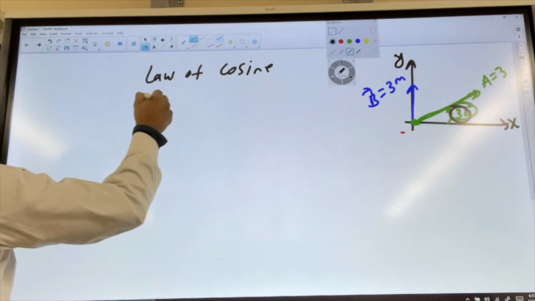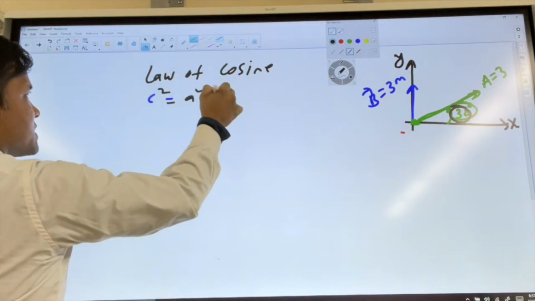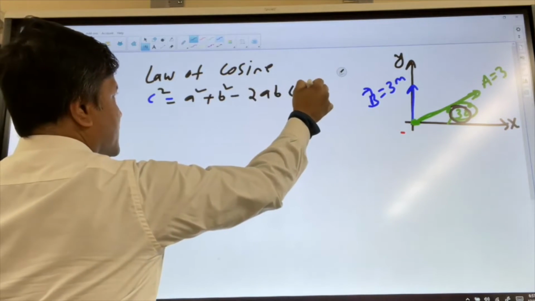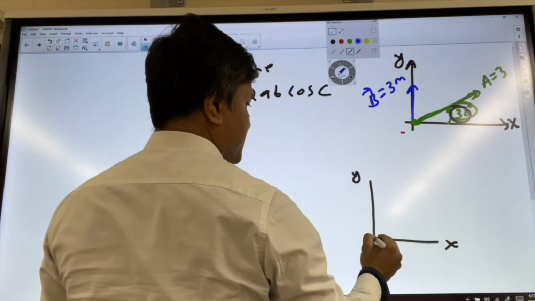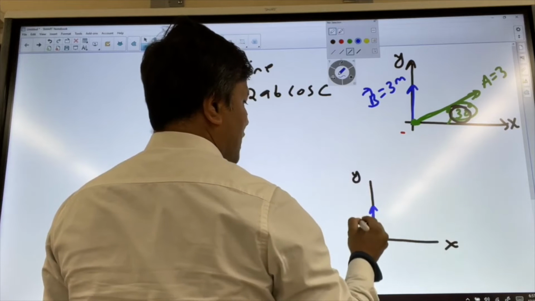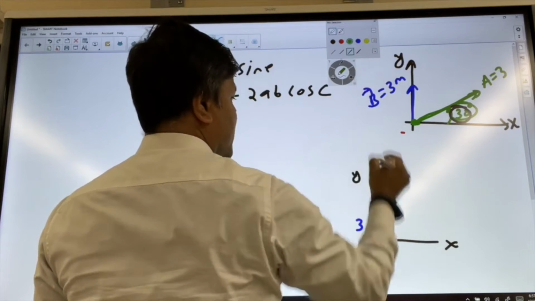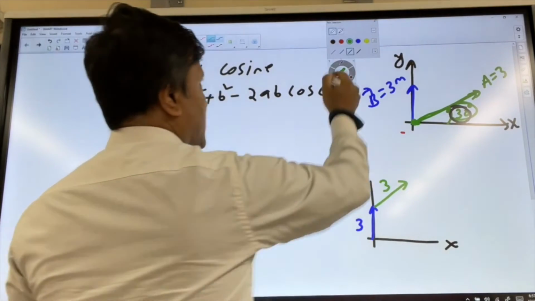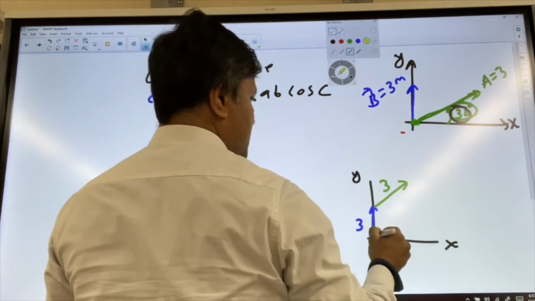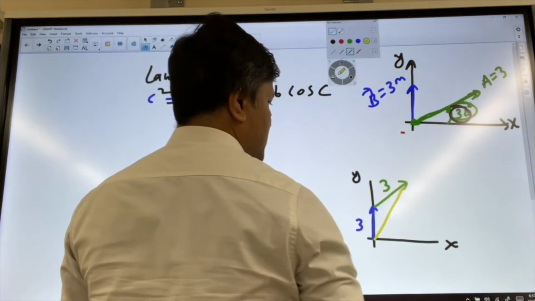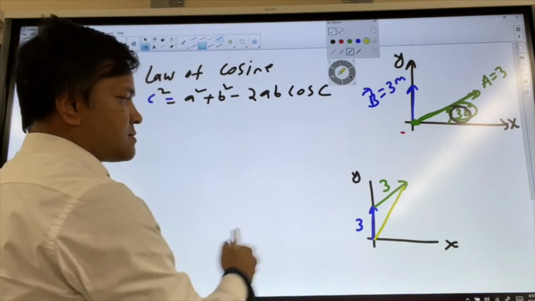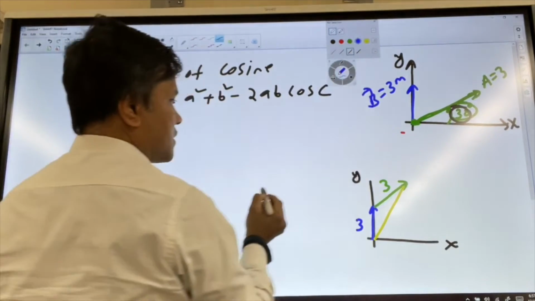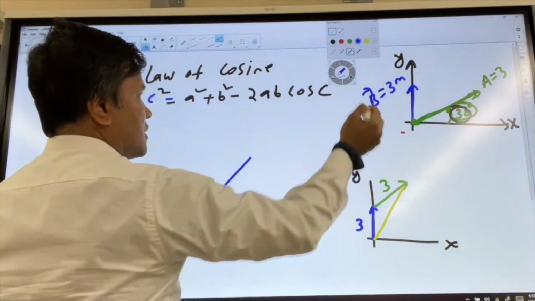So what is law of cosine? c squared is equal to a squared plus b squared minus 2ab cosine C. Vector b is 3, and then we're going to draw vector a, which is also 3, and then we're going to connect vector a and b, right? So this is 3, this is 3, so this seems like an isosceles triangle. So let's draw an isosceles triangle.